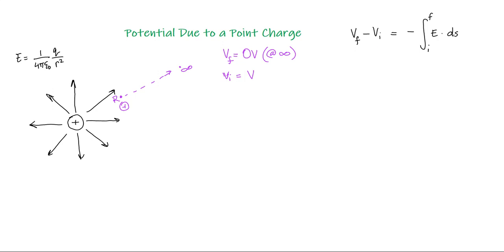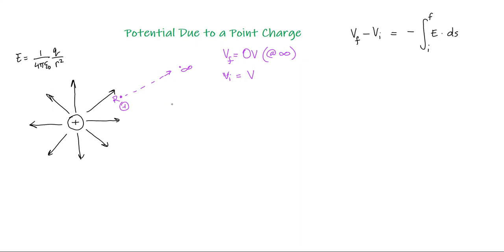What I'm going to do here now is go from R all the way to infinity to calculate an expression for the voltage at the point R. So you can see that by making this point 0, we get an expression for just the voltage at that particular point, because it's in reference to infinity, which is just 0.